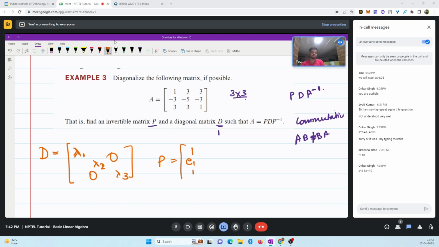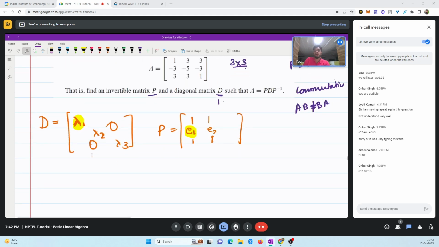So if you use the first element as lambda 1, then this E1 is the eigenvector corresponding to lambda 1, and so on. If you write it in this form, you get this kind of representation for matrix A. I'll try to do it quickly.